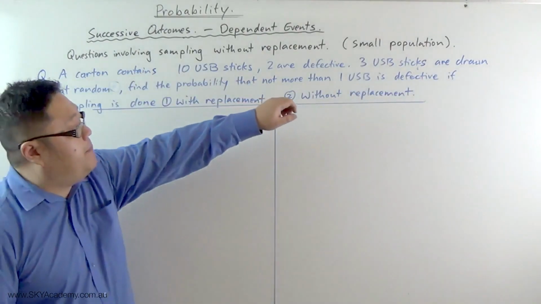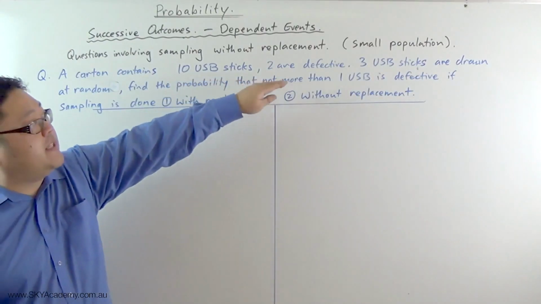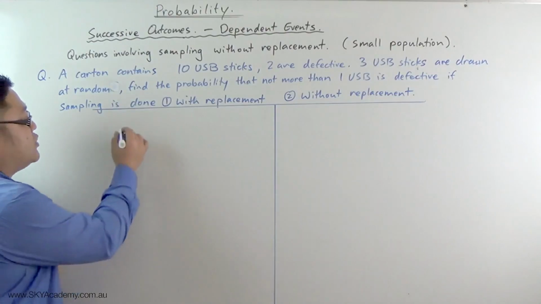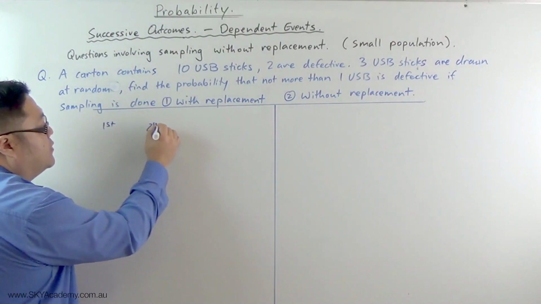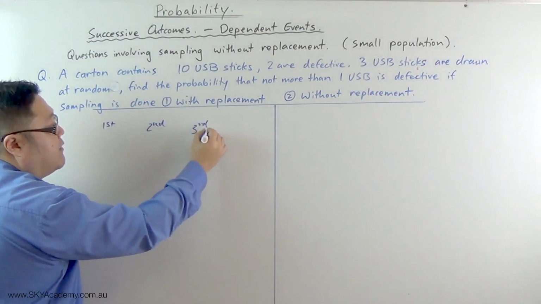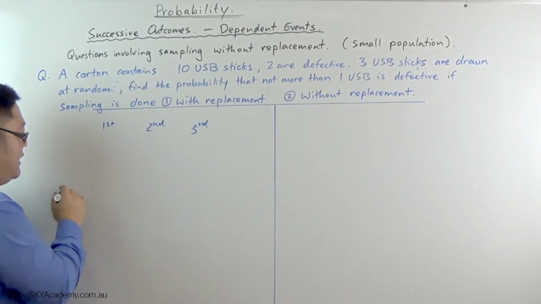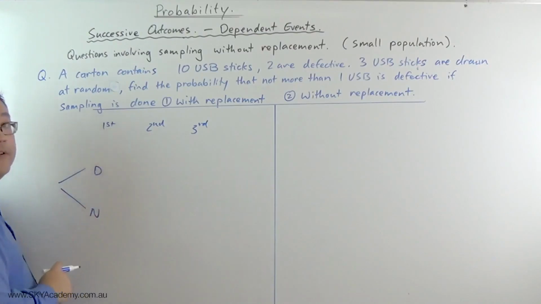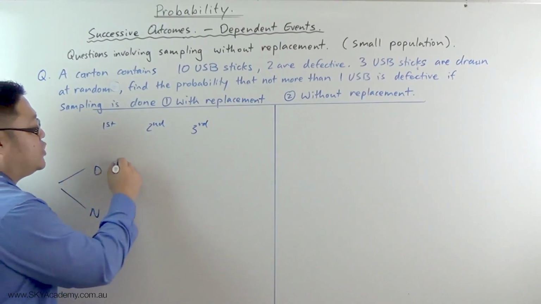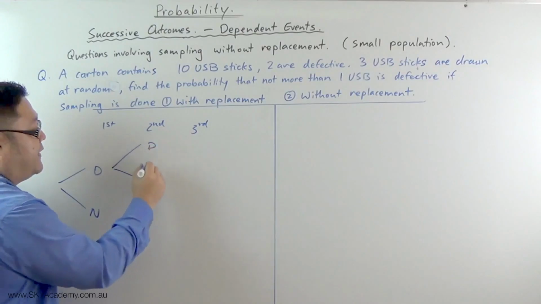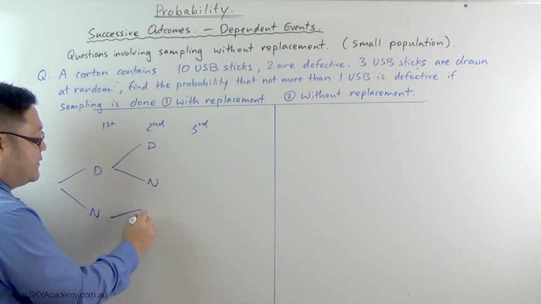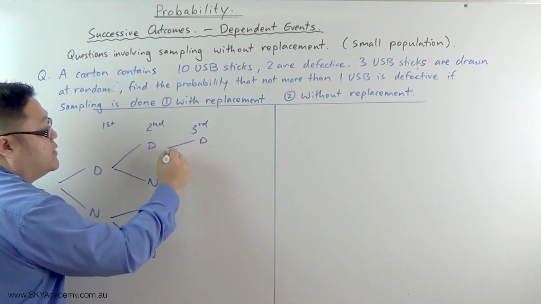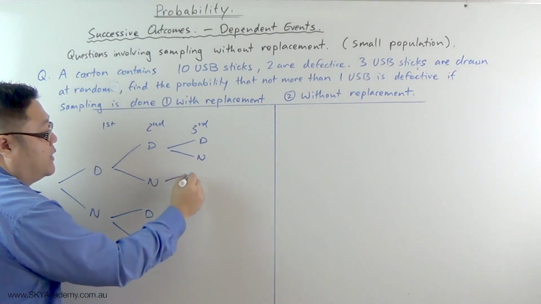You've got 10 USB sticks, 2 are defective. We're going to make 3 random selections, okay? So this is choice 1, this is choice 2, and this is choice 3, okay? So in our first choice, we can either choose a defective or a non-defective USB. In our second choice, we can choose a defective or non-defective. And in our third choice, we can choose a defective or non-defective as well.